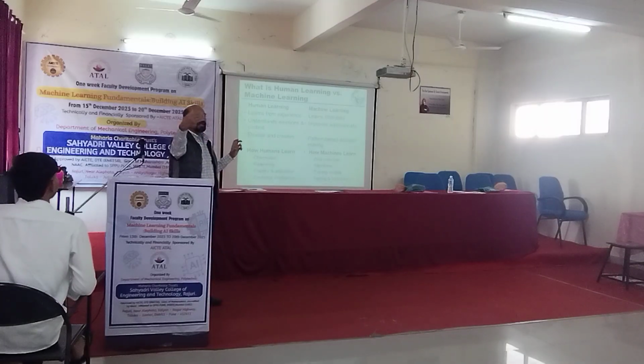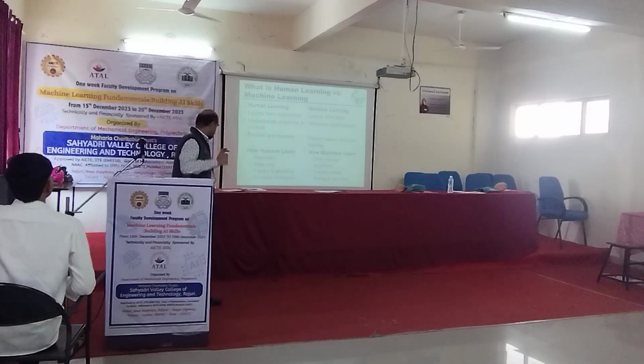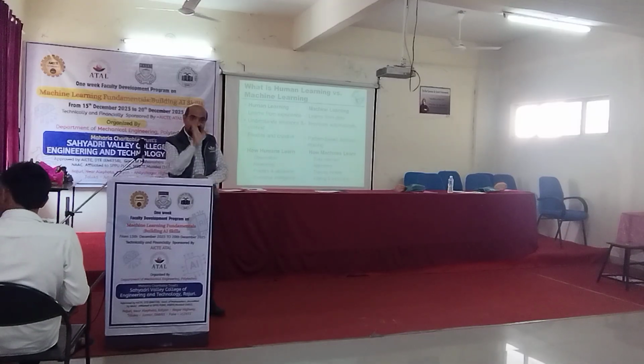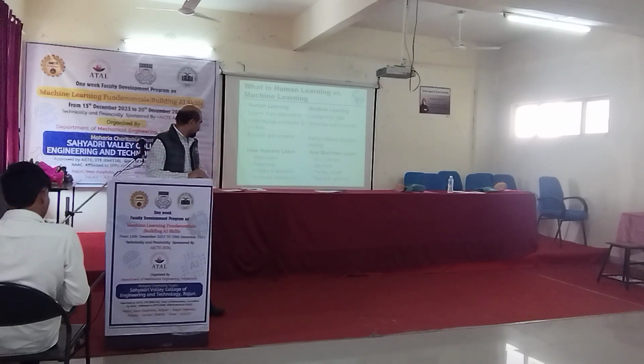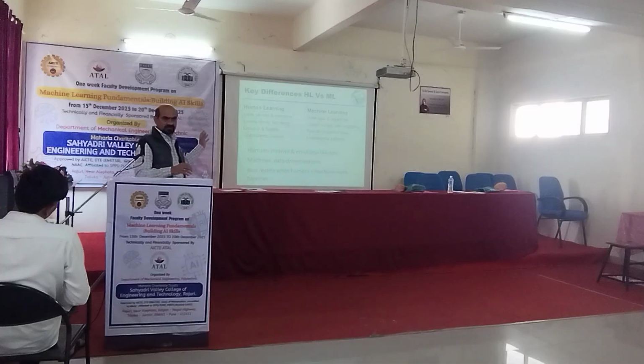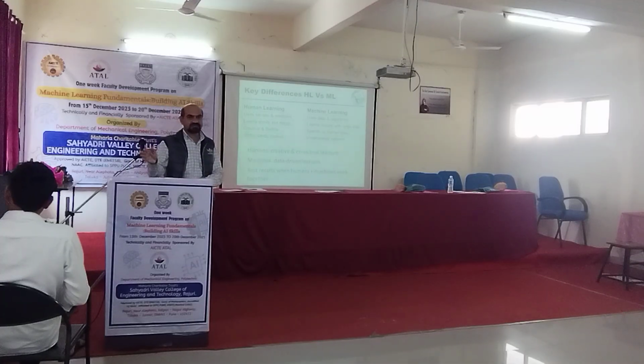We can say the machine learning model is the algorithm. Then training models, we train our model on some data set. Then we test. Then we go for the final test. Then testing can improve your accuracy. These are key differences. It is like the previous slide.